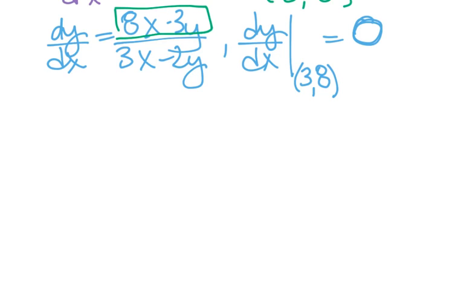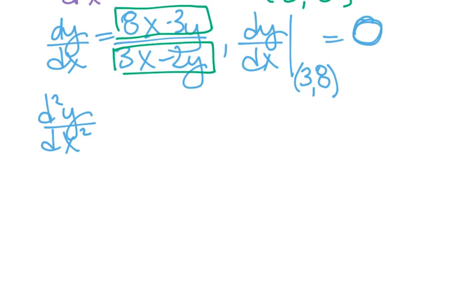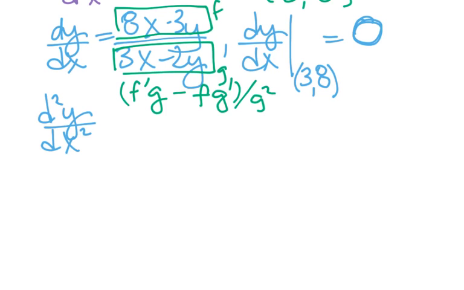So I have a function up top and I have a function down below. So for the second derivative, let me just label this as f, g. We know the quotient rule looks like this, all over g squared.